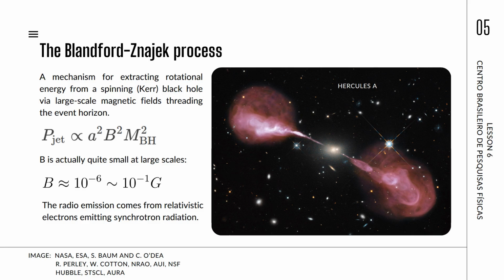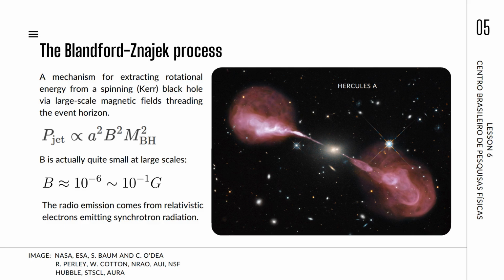The strongest jets will come from the fastest rotating black holes and the most massive ones. Typically black holes in the center of giant galaxies, those monstrous black holes, have the potential to launch very, very powerful jets.